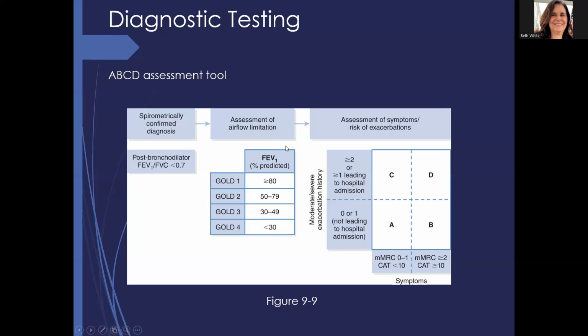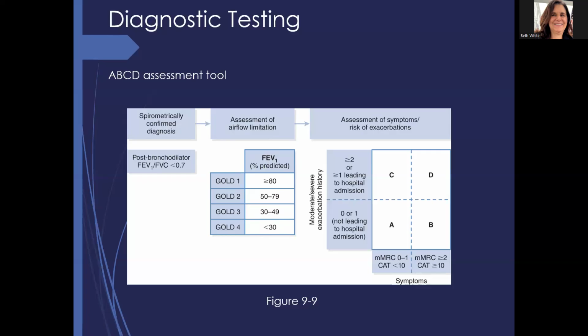This is only looking at your FEV1 percent predicted. If it's greater than 80% predicted, category 1, 50 to 79, category 2, 30 to 49, category 3, and less than 30% predicted, it's category 4. And then step 3 is the assessment of symptoms using either the dyspnea scale or the CAT.